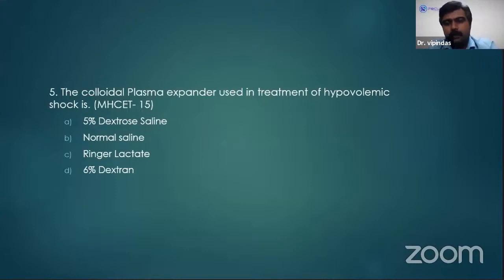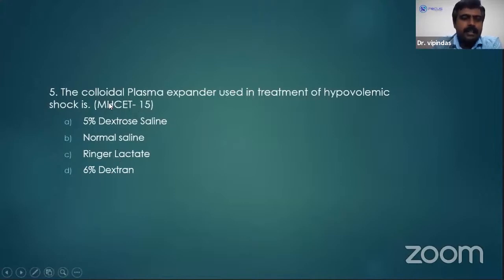See how beautifully this question is framed. This is to trap the candidates. See, the colloidal plasma expander used in the treatment of hypovolemic shock. Once you see hypovolemic shock, you will automatically answer Ringer's lactate.